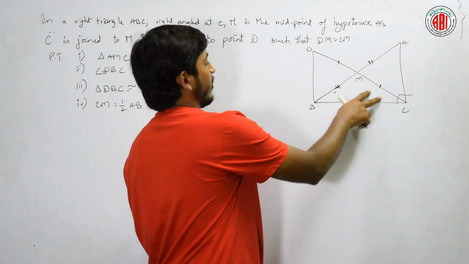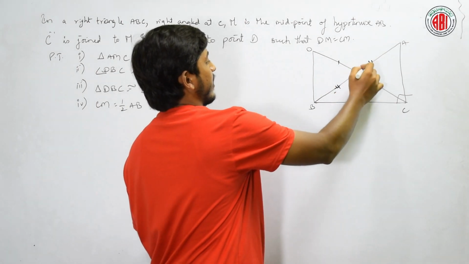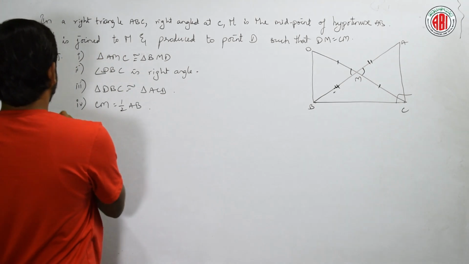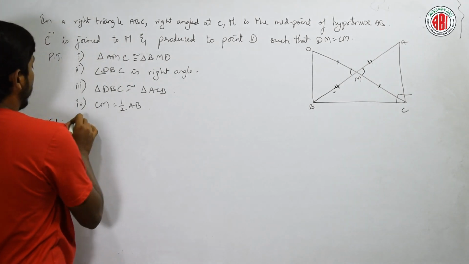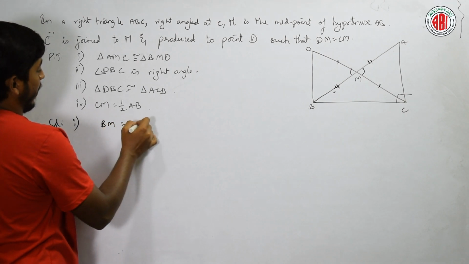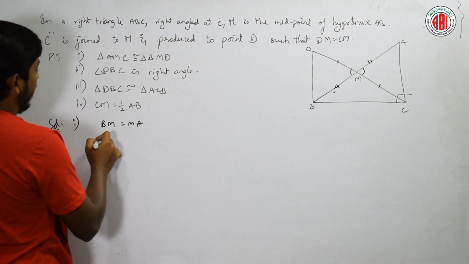Can we prove? Obviously, this side equal to this side, this side equal to this side, and this angle is equal because of vertically opposite angles. Let us write that. Therefore, for the first one, BM is equal to MA, right?